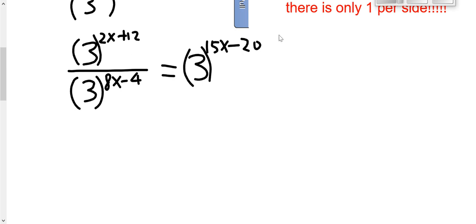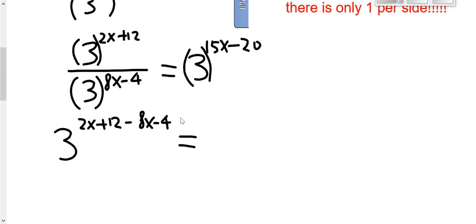If you look at this, same base, this divide by that, so that means we can apply the exponent law because we do divide, so we subtract the exponents like this. 3 raised to the power of 2x plus 12 minus, because we do divide, 8x minus 4 equals, congratulations, you just screwed up.